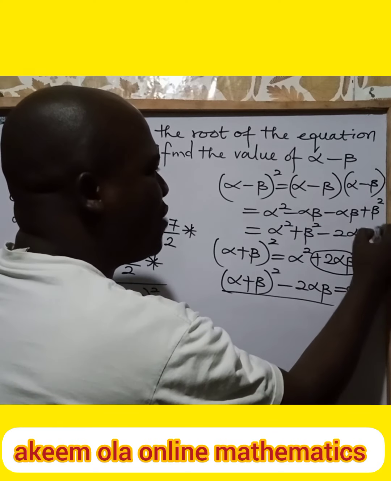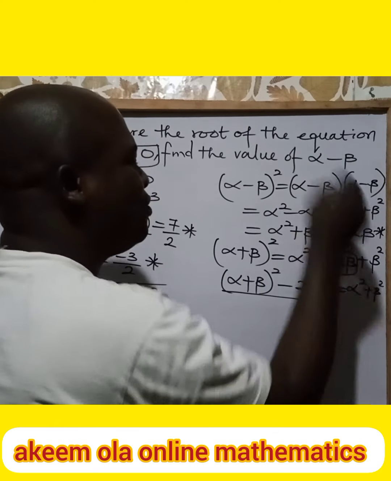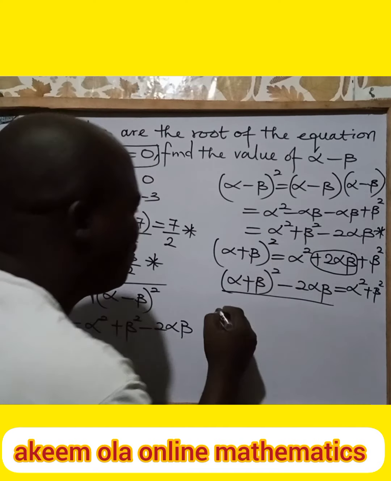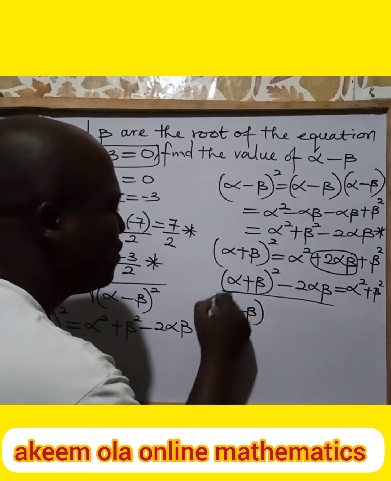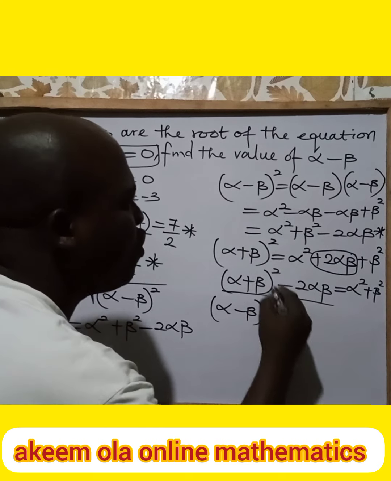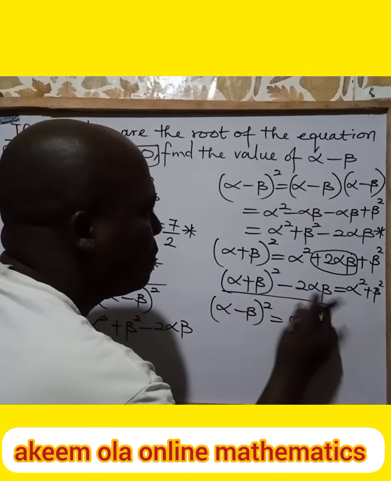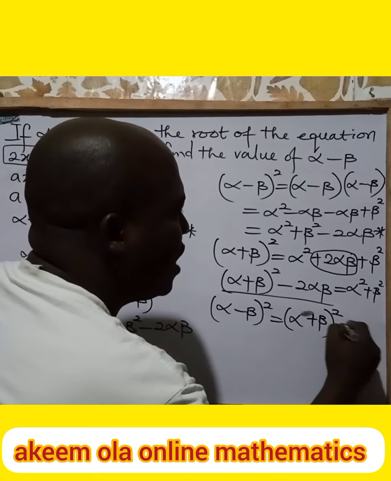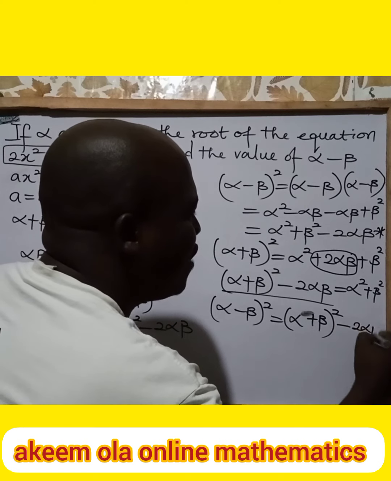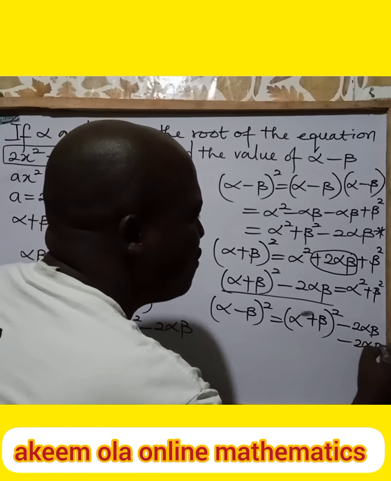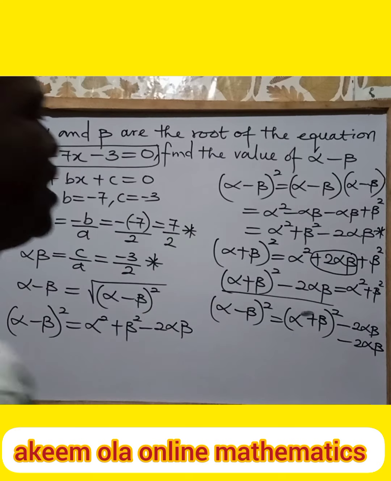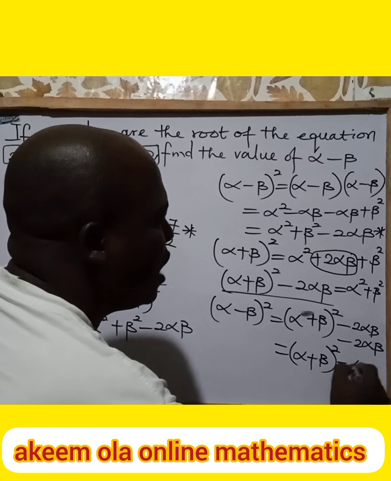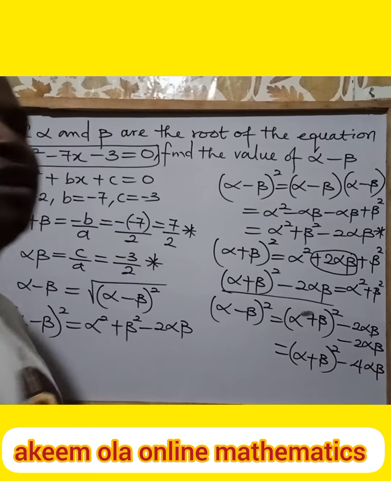So I can now go back to this place and substitute for alpha square plus beta square. I will now have my alpha minus beta square equal to alpha plus beta square minus 2 alpha beta minus 2 alpha beta. Simplifying further, I am going to have alpha plus beta square minus 4 alpha beta.